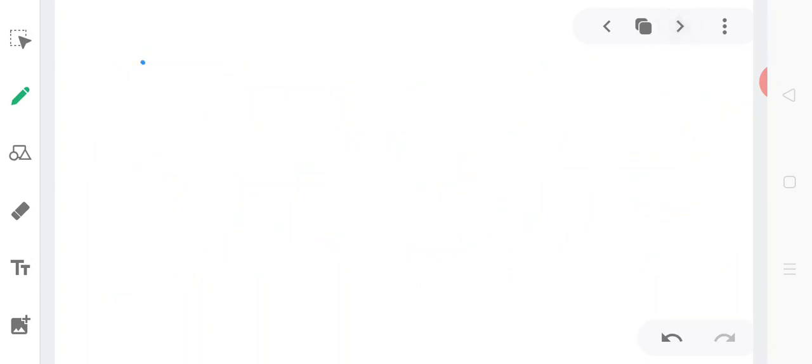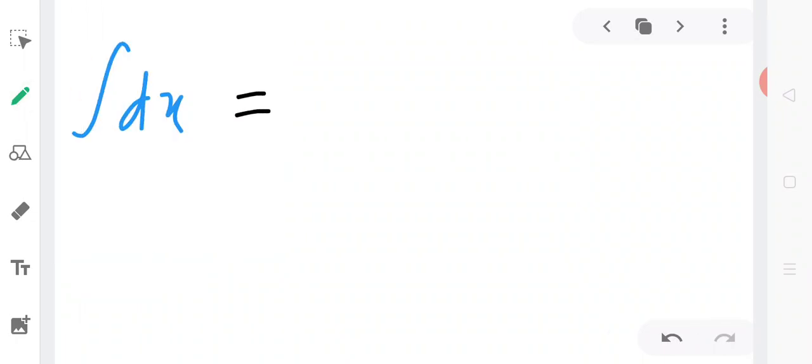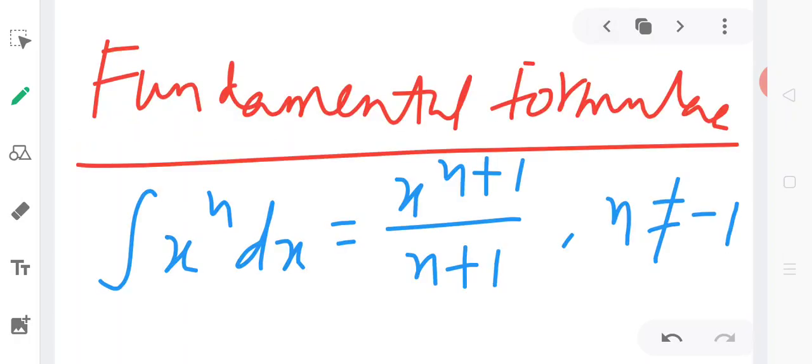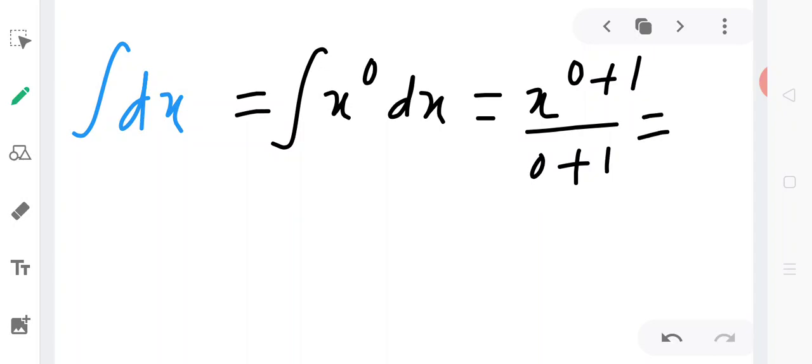Like for example, if you are writing down integral dx, then integral dx may be written as integral x to the power 0 into dx, because anything raised to the power 0 is 1. Now using this particular formula, in place of n we have to substitute 0. So this will give us x to the power 0 plus 1 by 0 plus 1, and this will give you x.